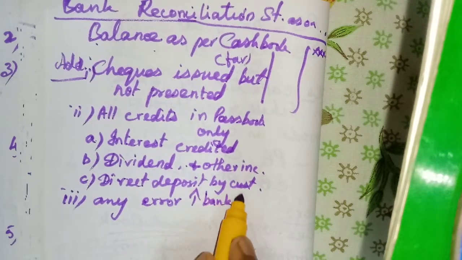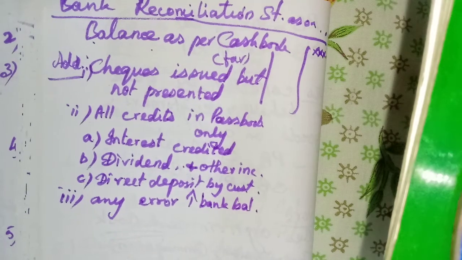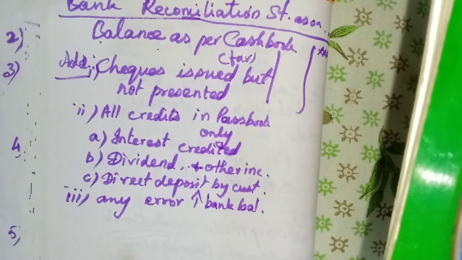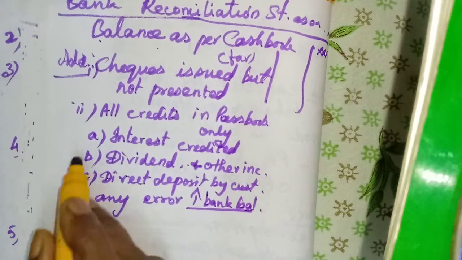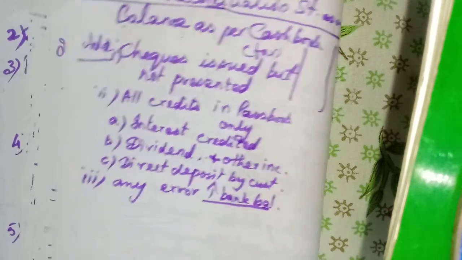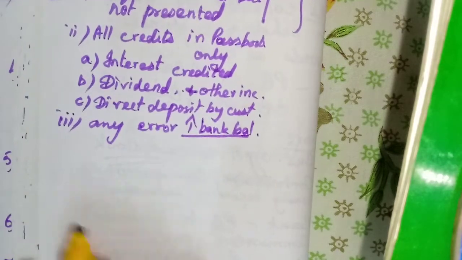That will increase the bank balance. Any error that increases the bank balance must be added. Then what must be deducted? Less.